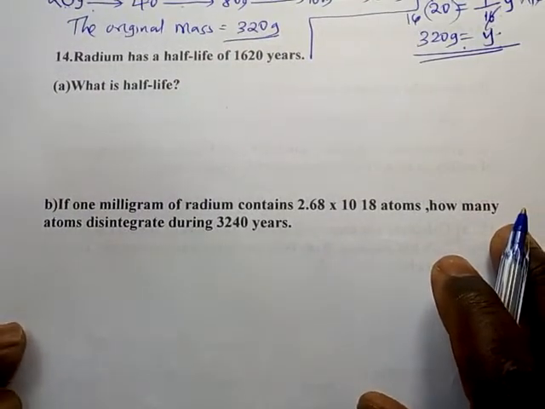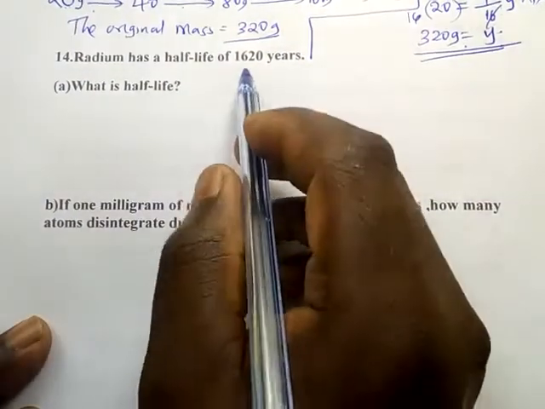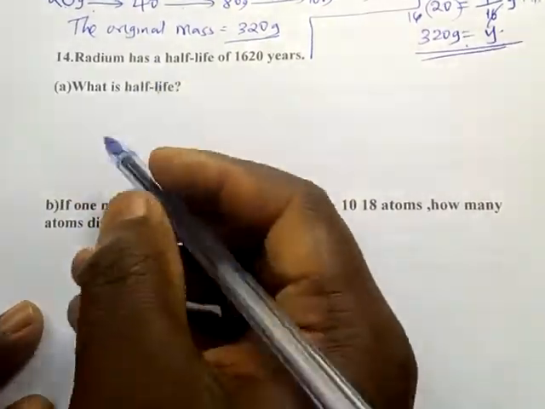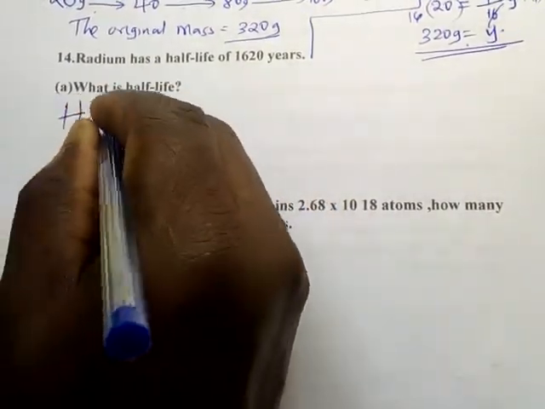Radium has a half-life of 1620 years. What is a half-life? It's very important. You should know how to define a half-life.